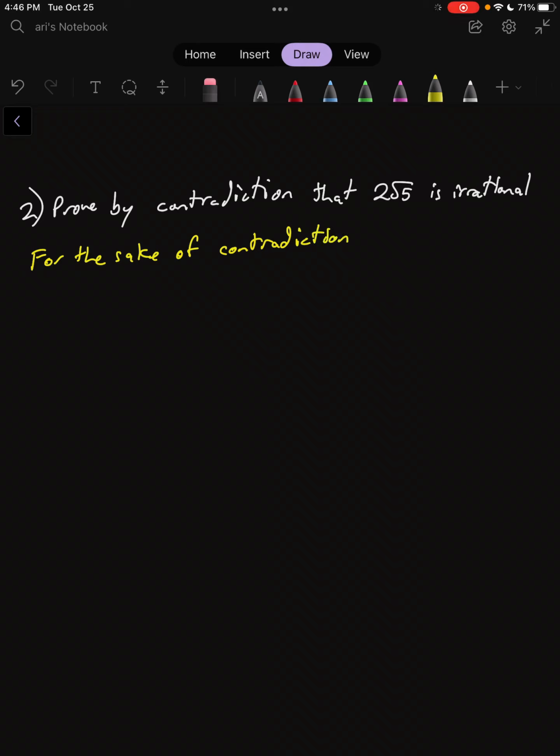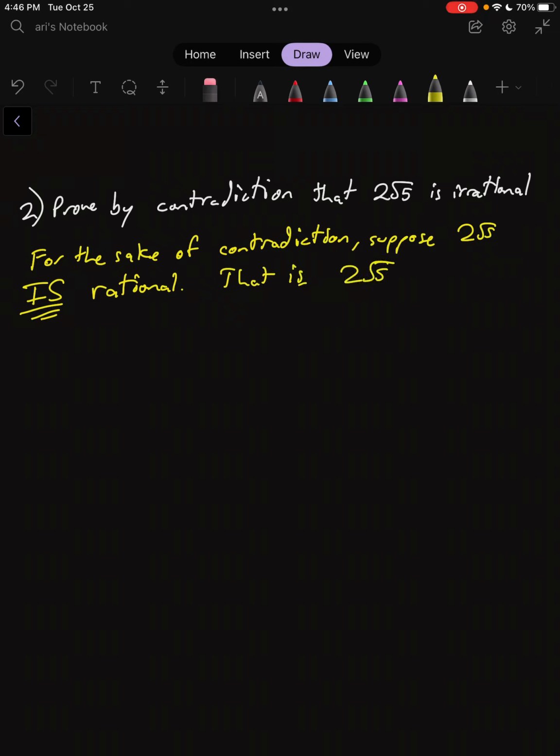For the sake of contradiction, suppose 2 times the square root of 5 is rational. That is, what does it mean for something to be rational? It means that it has to be able to be expressed as a proper fraction.